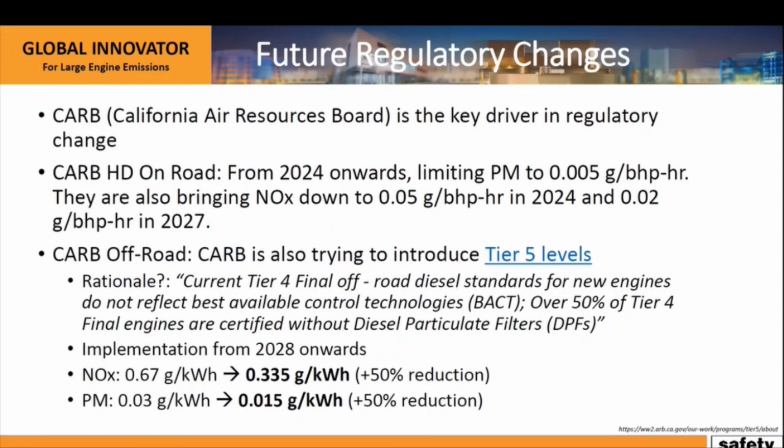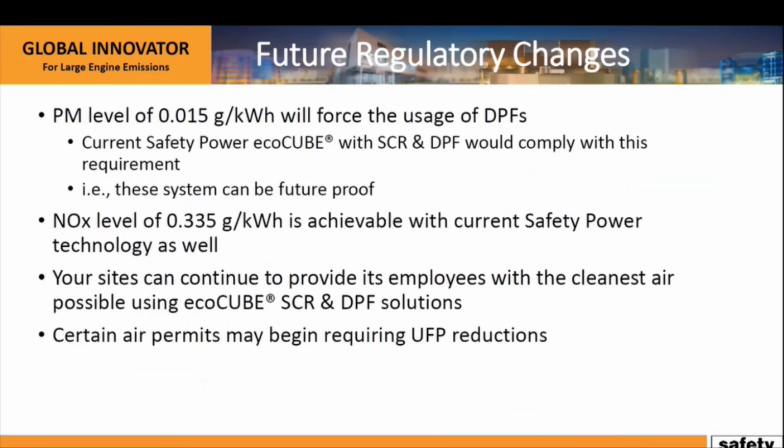So for Tier 5 levels for 2028 onwards, we're looking at basically a 50% reduction from what they are today at the Tier 4 levels, which I believe would make it a requirement to have a DPF. I don't think you would be able to rely on in-cylinder technology alone to achieve those PM levels.